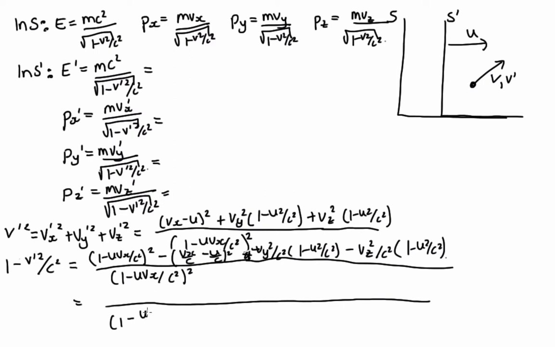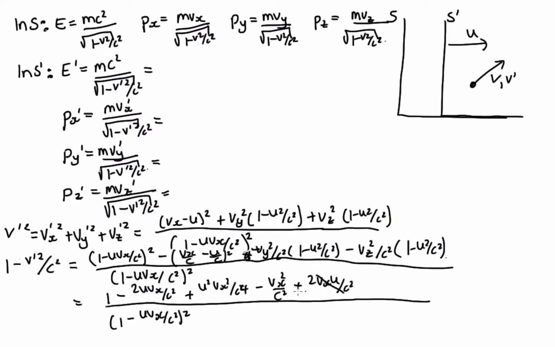We've still got (1 minus UVx on C squared) squared in the denominator. So expanding this, we've got 1 minus 2UVx on C squared plus U squared Vx squared on C to the 4, because we're squaring it, minus Vx squared on C squared plus 2VxU on C squared.